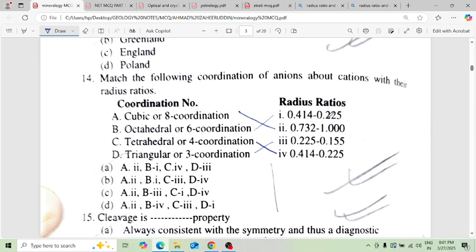Octahedral, tetrahedral, and so on. Okay, now it's done.